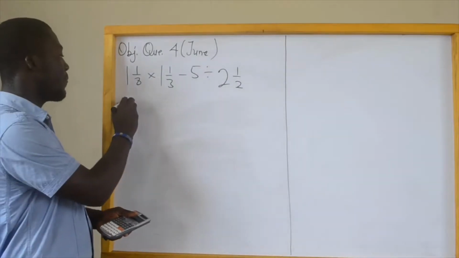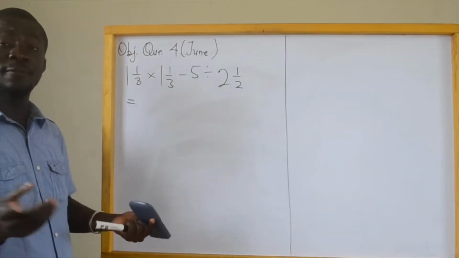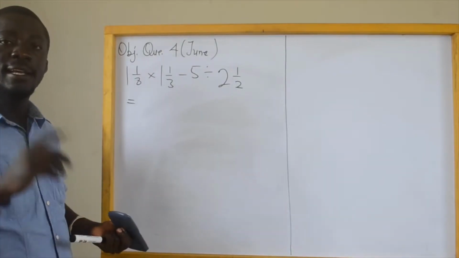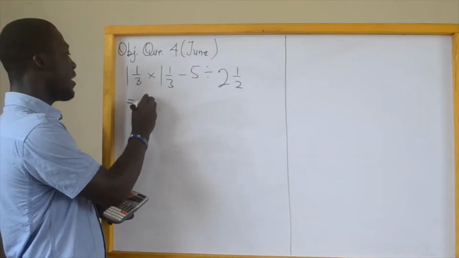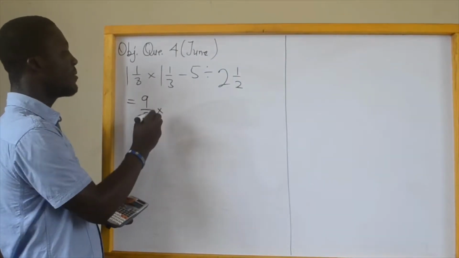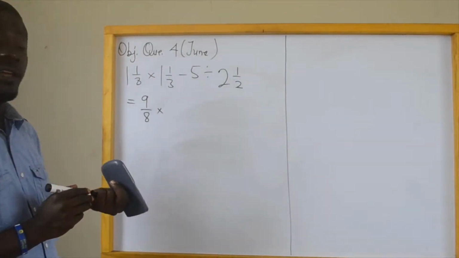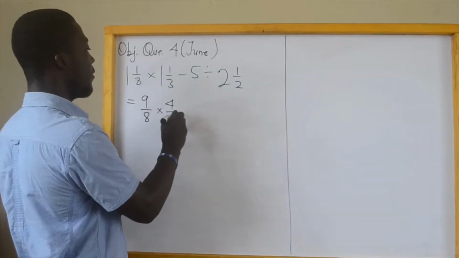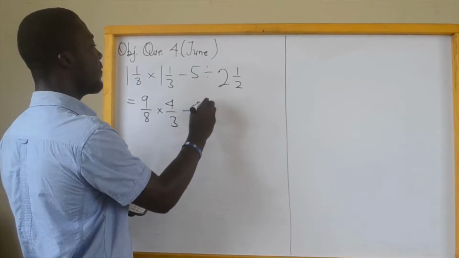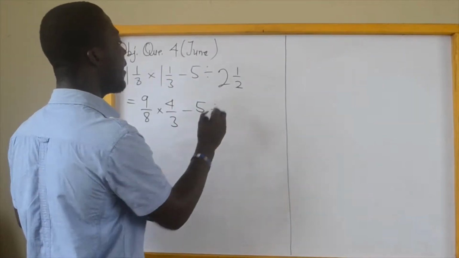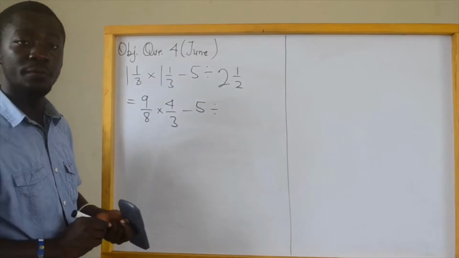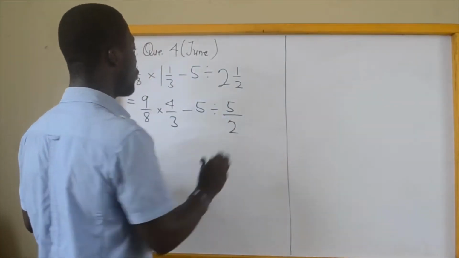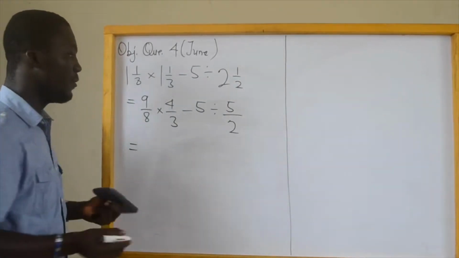Our first step, we are going to convert the mixed fractions to improper fractions. 1 times 8 is 8 plus 1, 9/8 times 1, multiplying 3 is 3 plus 1, 4/3 minus 5 here divided by 2 times 2 is 4 plus 1, 5/2.